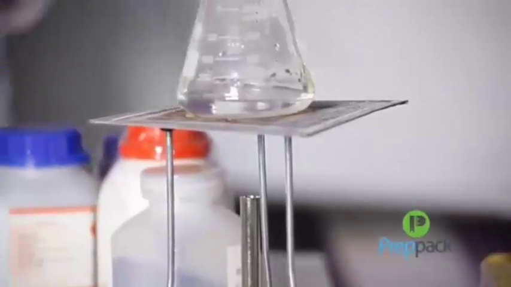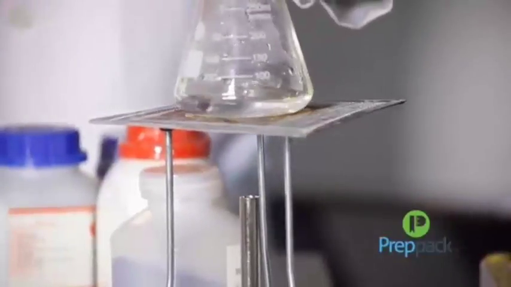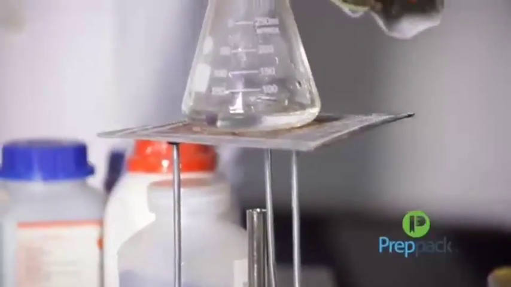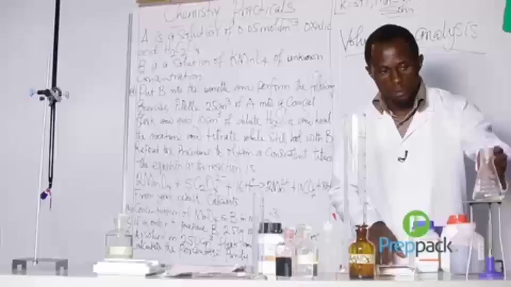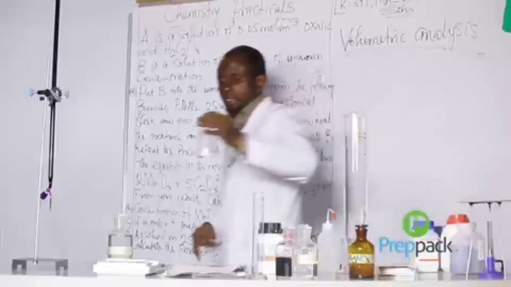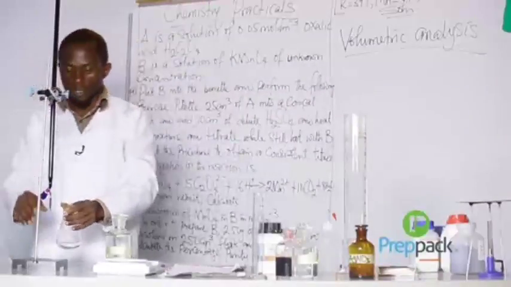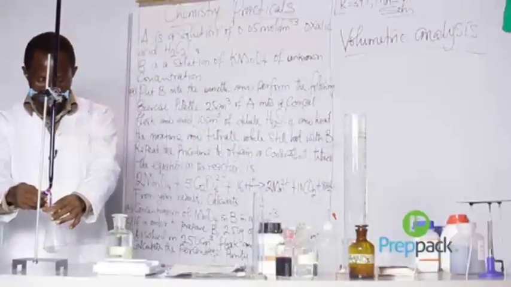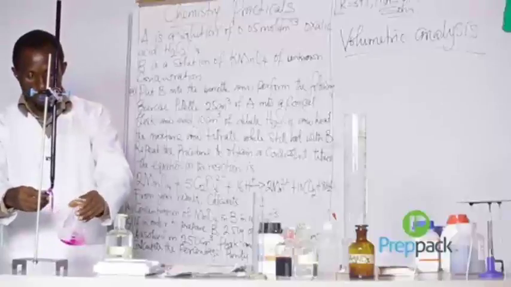So all I need to do now is to heat. From this point, you heat to a temperature of about 40 to 60 degrees Celsius, and you titrate while the solution is still hot. You shake.